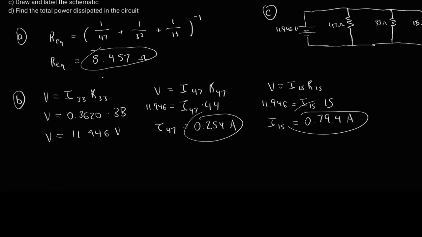Now for part D, we have to find the total power dissipated in the circuit. Power is equal to V squared over the equivalent resistance.